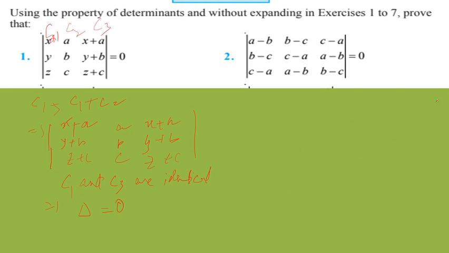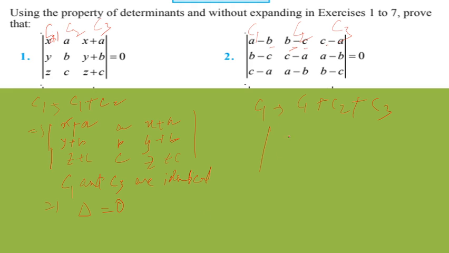Now we go to the second question. Let me try to edit in this picture. So this is column 1, column 2, and column 3 as usual. I want to prove this one is 0. For that what I do, C1 tends to C1 plus C2 plus C3. When you add these all, minus b and plus b gone, minus c plus c gone, a and minus a gone.